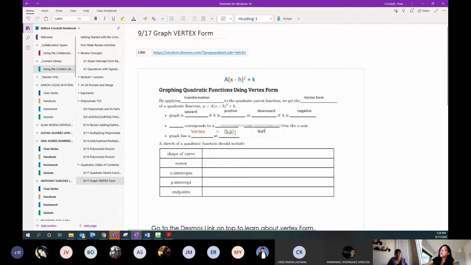And that's why you are gonna need the HK, because those are the points in your vertex form. Okay, that's the only main point that you are gonna be focusing on to be able to create this vertex form.